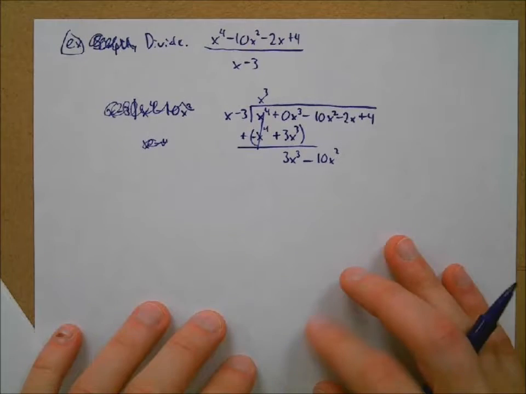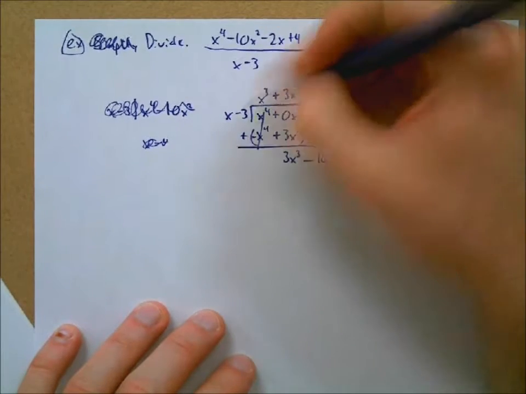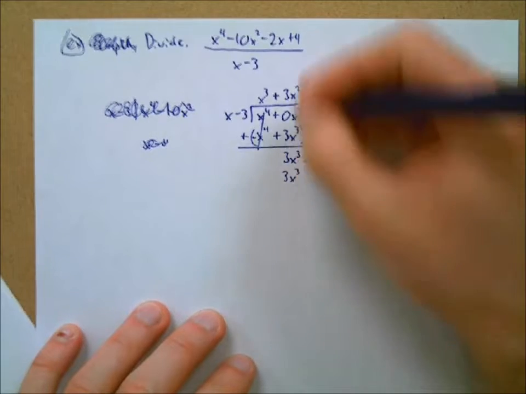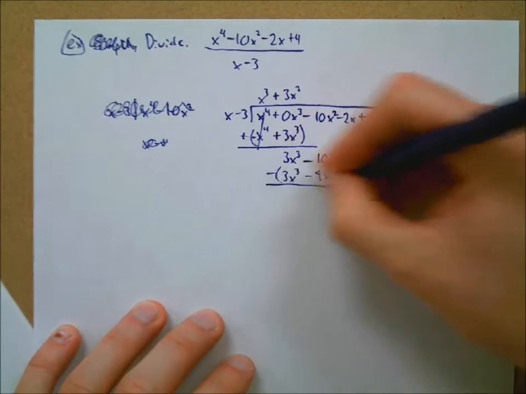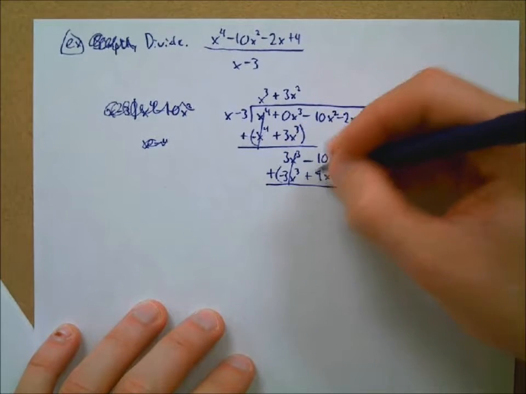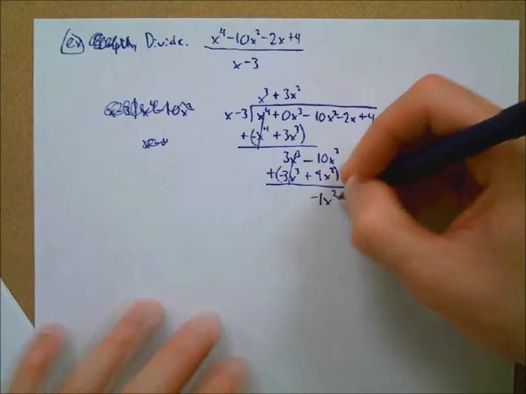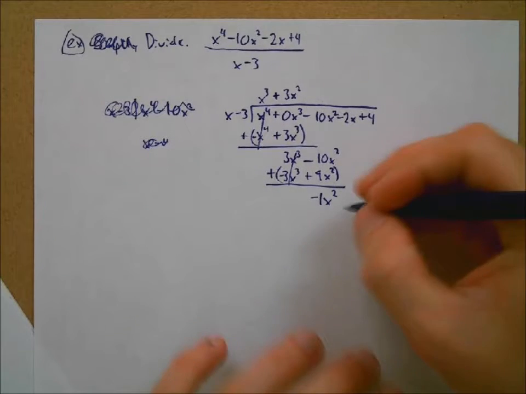So let's see here. For 3x cubed, we'll do a 3x squared. And then minus 9x squared. And then subtracting, I'll add the opposite. So those cancel, and we get negative 1x squared. Question, yes? Sorry, I understand that. Never mind. Okay, no worries.